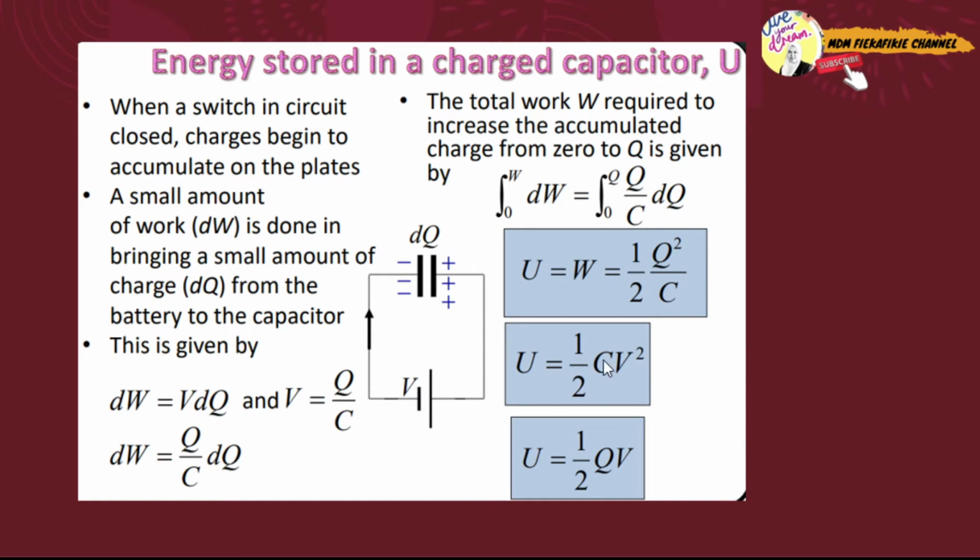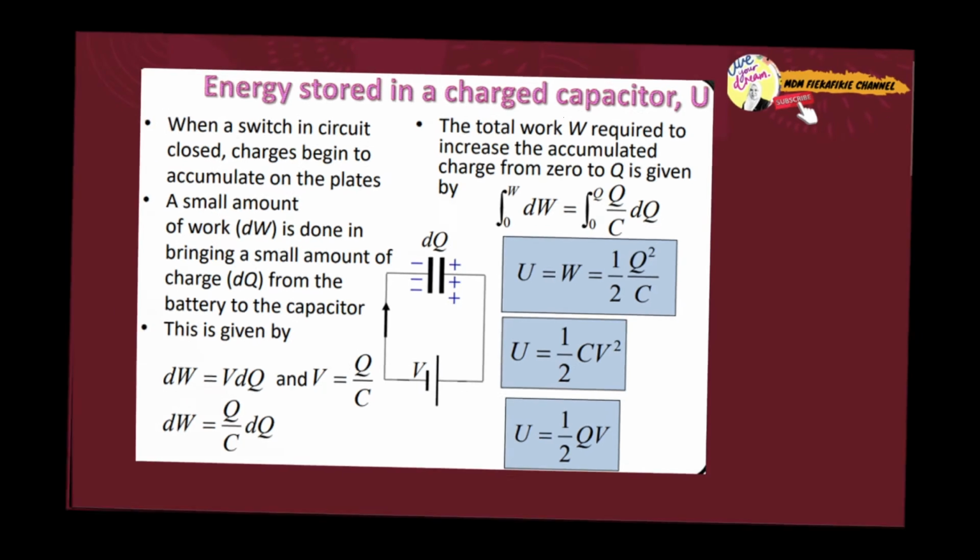When you substitute C equal to Q over V and simplify this equation, you will get another equation of U in terms of Q and V. So here U is equal to half QV. So it's okay, don't worry. Let's move to example number 1.